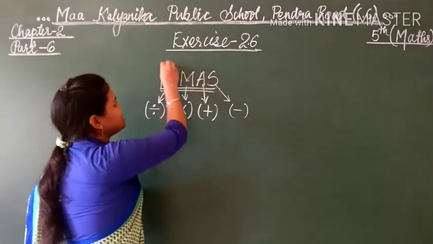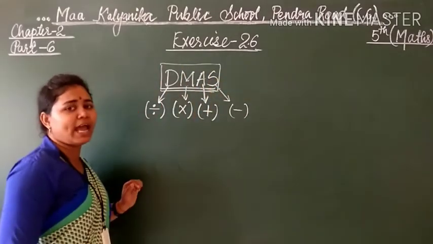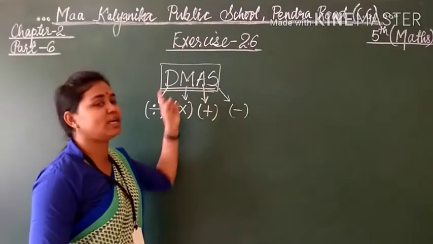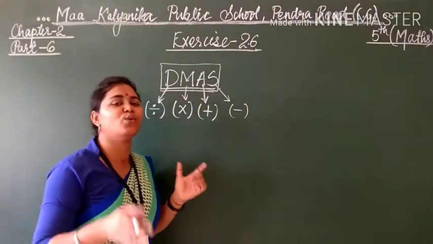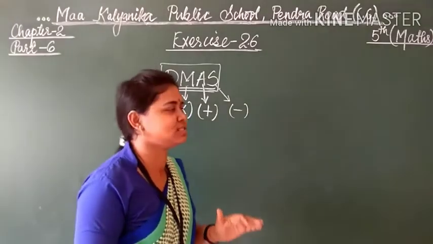So you have to remember it in the same format, DMAS. You don't have to change the order, because this is the order you have to follow while simplifying the questions.